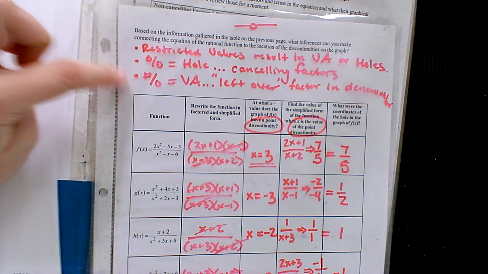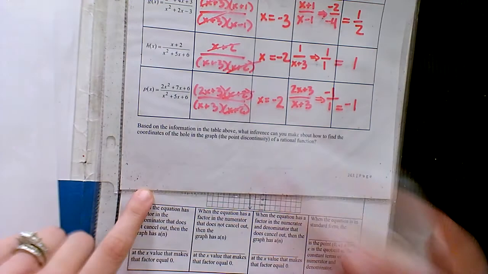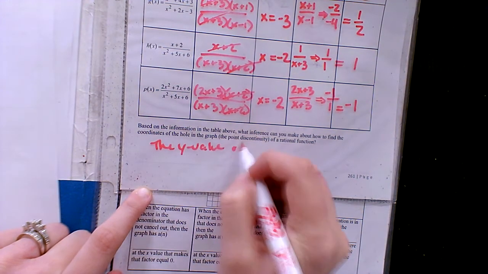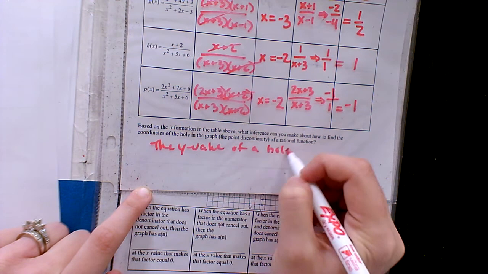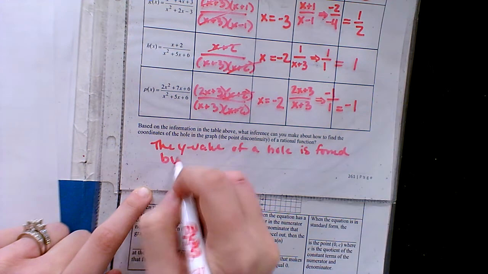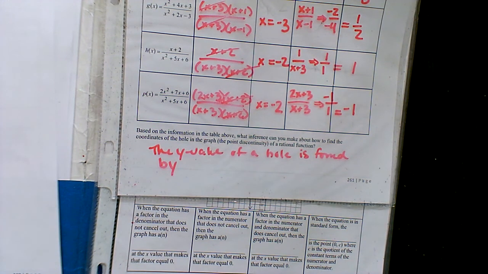So just like how we generalized some patterns from the table from Friday, maybe we can generalize a pattern from the table that we just filled out. Okay, so we can say the y value of a hole is found by what? Can we summarize it?